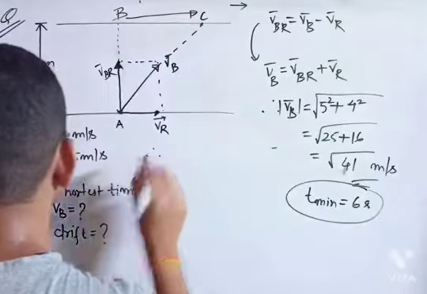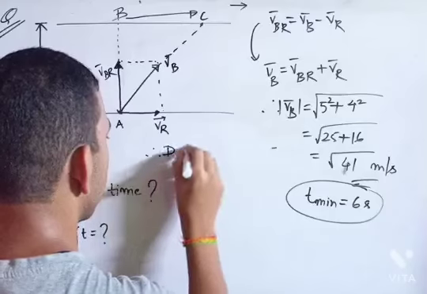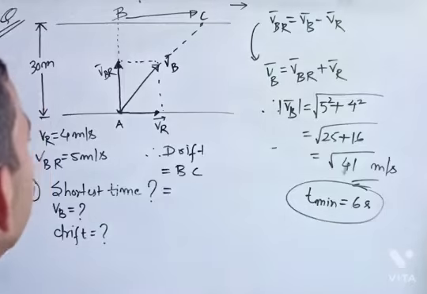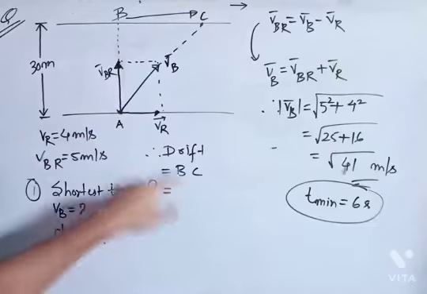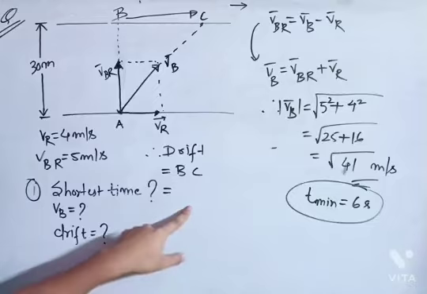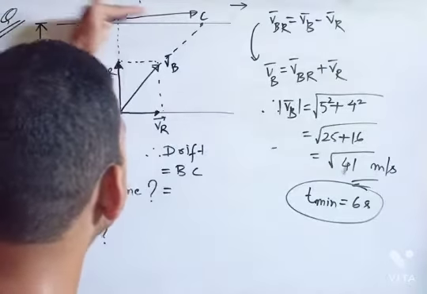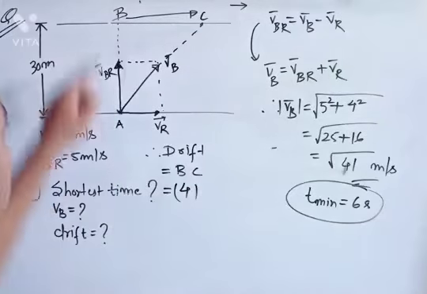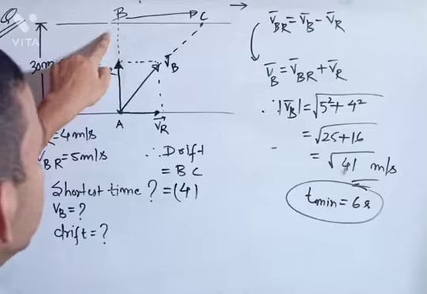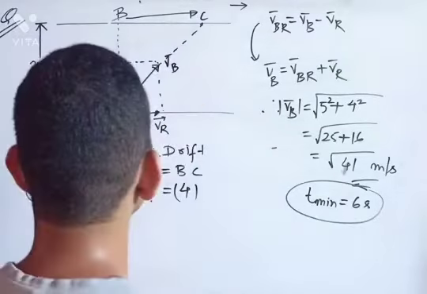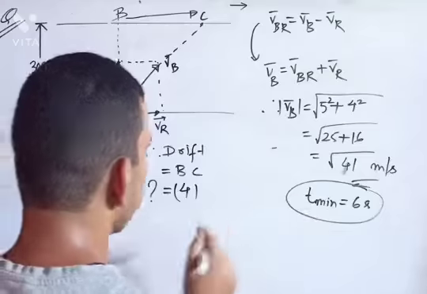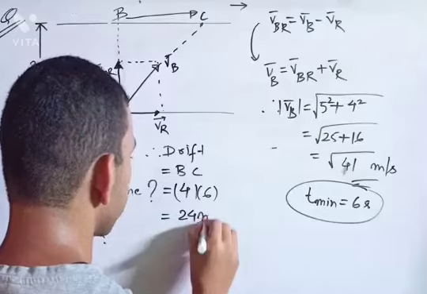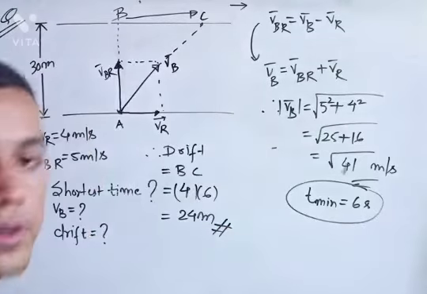Now the drift will be BC, and its magnitude, the distance BC, is equal to speed into time. Here we have to find the speed along this direction. Along this direction the speed is VR, which is 4, and the time required for going from B to C is the same as going from A to C with VB speed, which is 6 seconds. So this is 24 meters. This is the answer of this question.